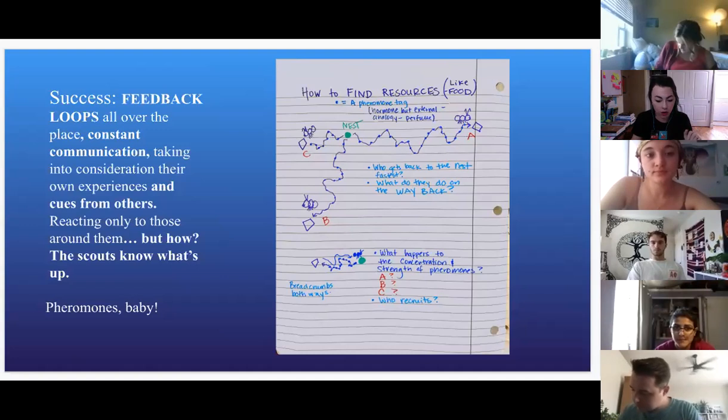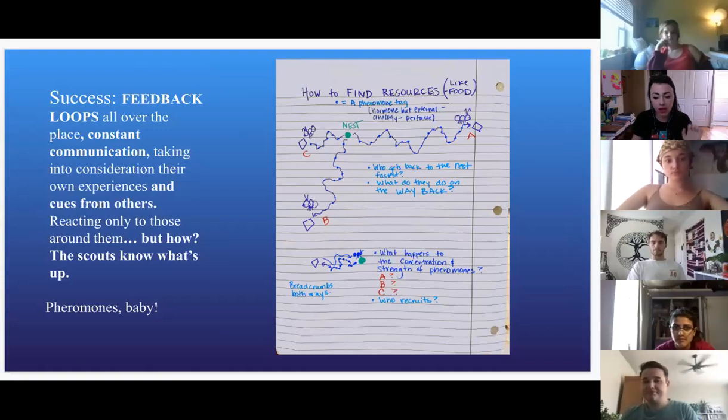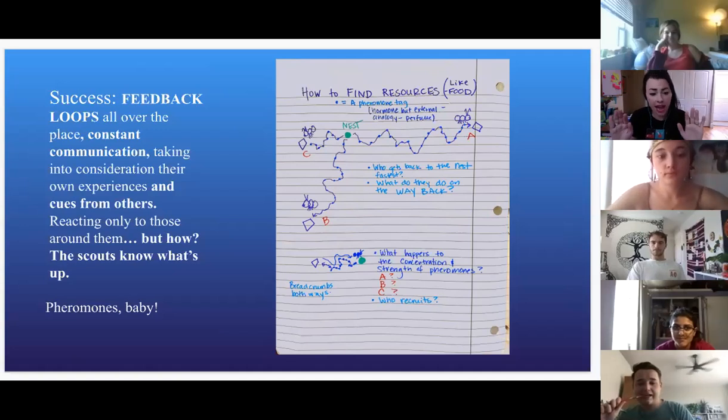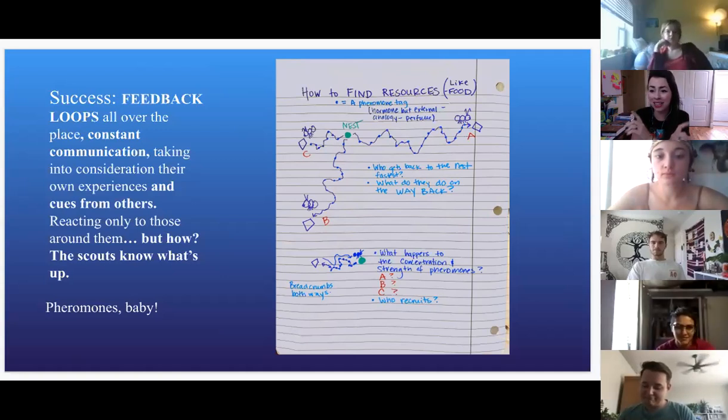A while ago, researchers had people wear the same shirt for a bunch of days in a row, so they would sweat in it and get it all stinky. And then they had people of the opposite sex, sort of traditional cis hetero things going on there, sniff each other's shirts and rank them from the most acceptable to the most disgusting.